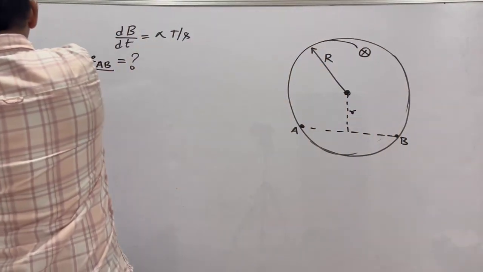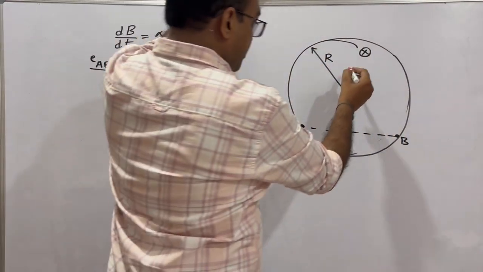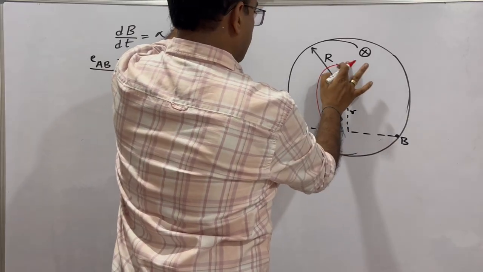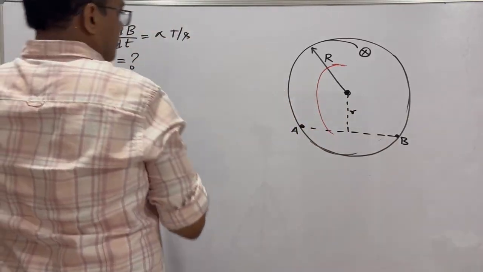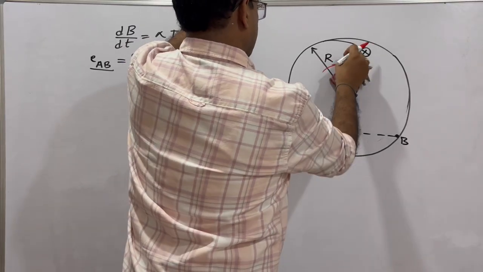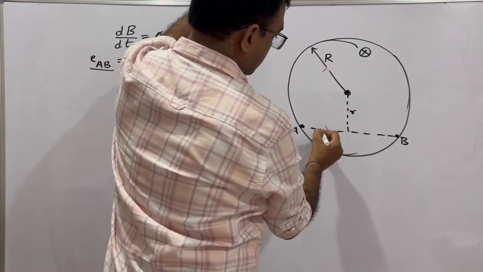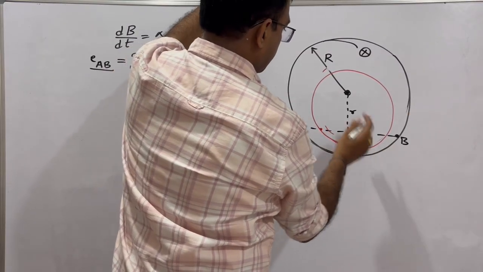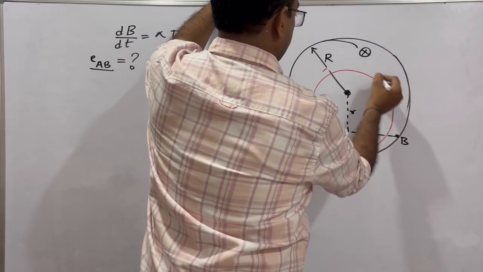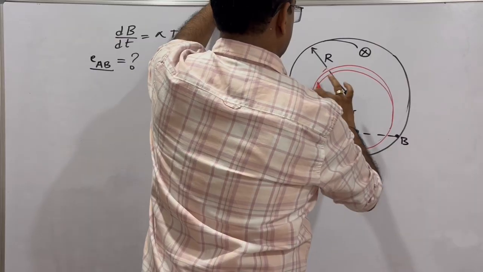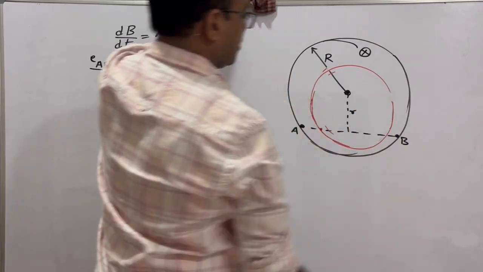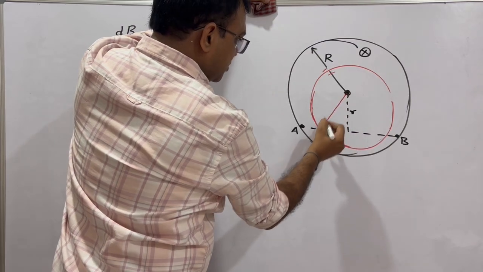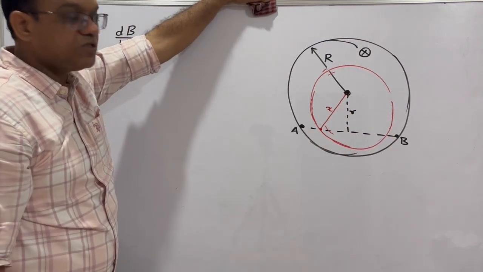So again the same thing. Say my circle has not become good. Like this. Say this distance is x. This distance is x.